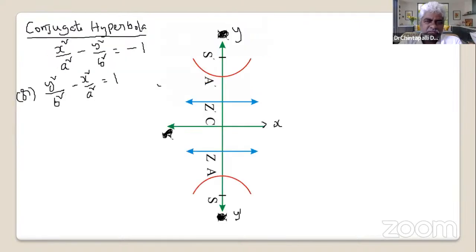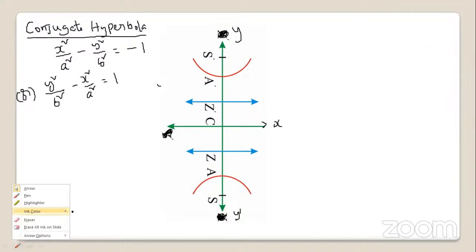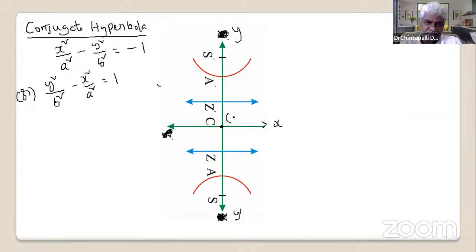Now, tell the values, labeling. Center coordinates: 0, 0. X axis, y axis meet at origin only. That's why C is equal to 0, 0, right?